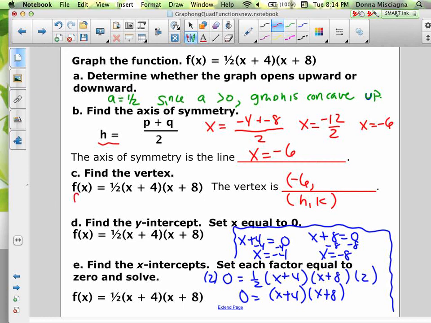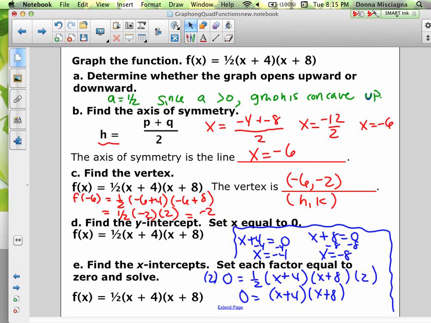So we have f of -6 equals 1/2 times -6 plus 4 times -6 plus 8. So that's going to be 1/2 times -2 times 2. -2 times 2 is -4. Half of -4 is -2. So your vertex is -6, -2.